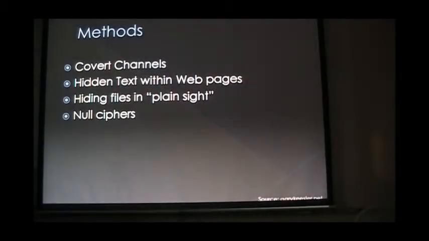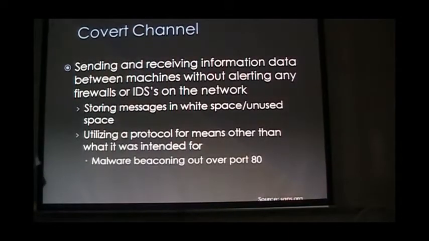So some methods: covert channels, hidden text within web pages, which is very basic, hiding files in plain sight, and null cipher. I'm going to give examples of these. First, an example of a covert channel. They suspected that when Osama bin Laden was doing his video messages, a lot of times he was giving a message to the other terrorists to do something.